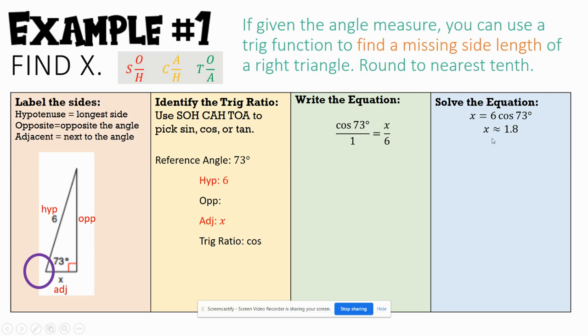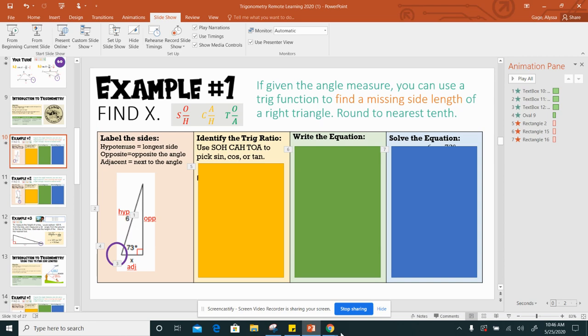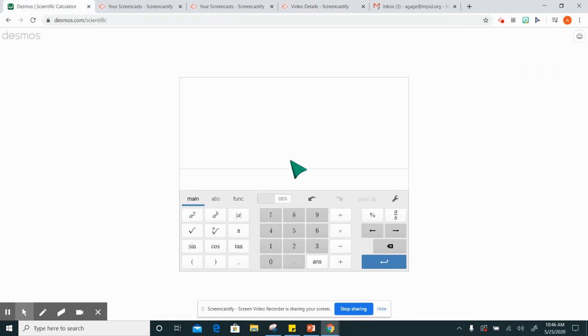And so you're going to use your calculator. And if you do not have a calculator, you can use the scientific calculator on Desmos. And I'm going to pull that up right now so you know how to use that. But it's really important that if you are using your own calculator, you make sure that you're in the right mode.